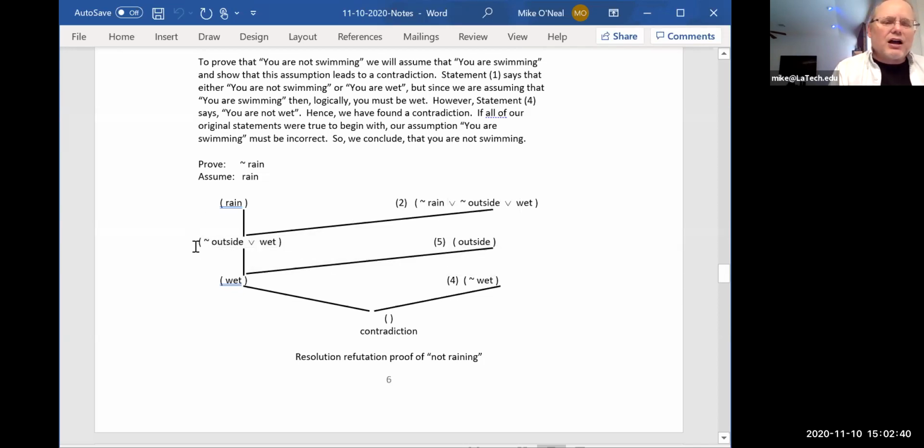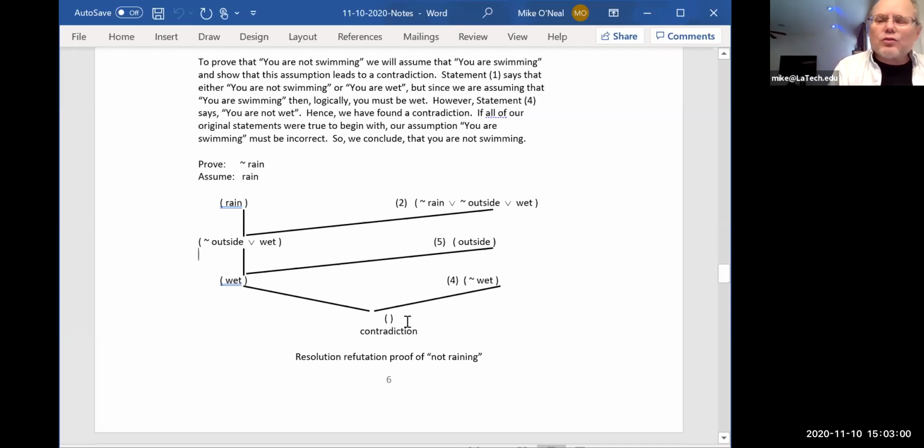Statement 5 says you're outside, so if you merge our new clause and outside, you get wet. But we have a statement 4 that says not wet, so when you merge these, you get the empty clause, which is a contradiction. So rain causes a contradiction.